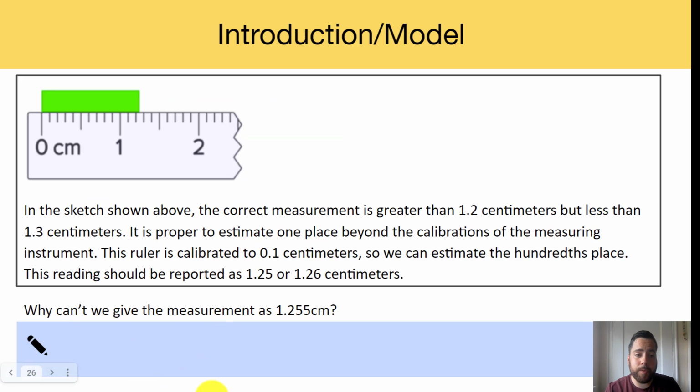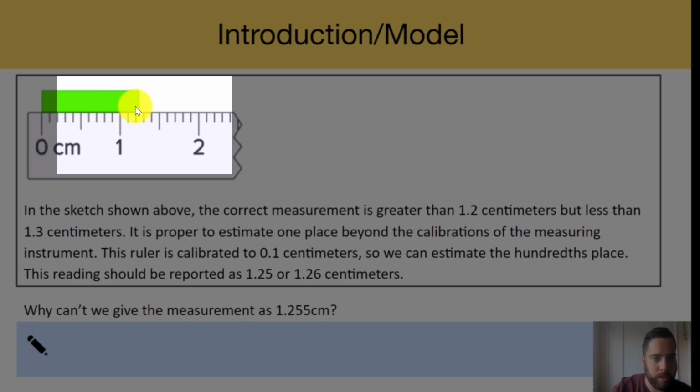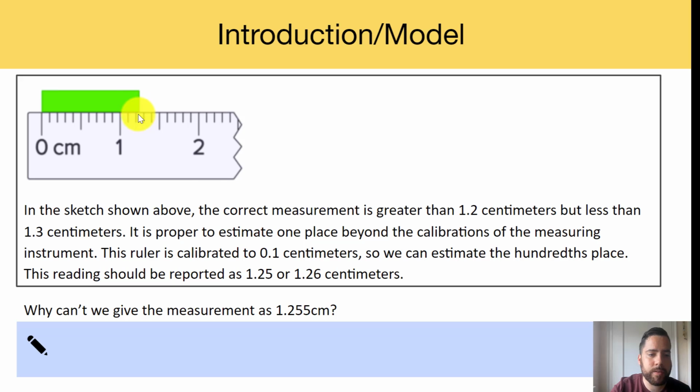Let's see some examples in the sketch above. The correct measurement is greater than 1.2 centimeters, but less than 1.3 centimeters. You can actually see that if you look at where that green strip ends. So it's between the two. It is proper to estimate one place beyond the calibrations of the measuring device or measuring instrument.